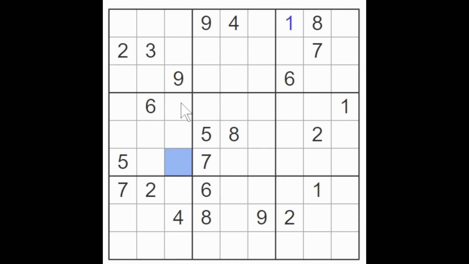A 2 must go here or here. Five here or here. But one of these is a 4, right? Yes.